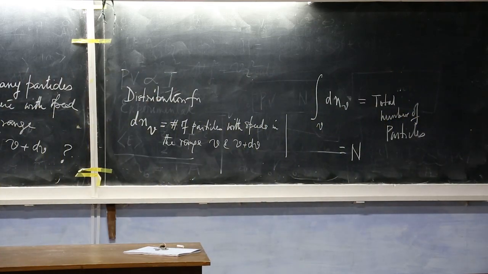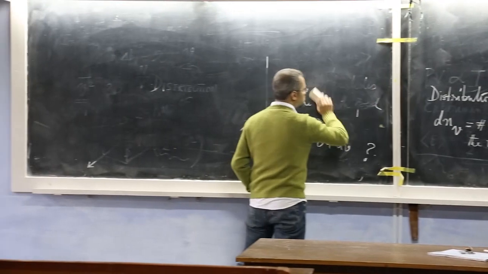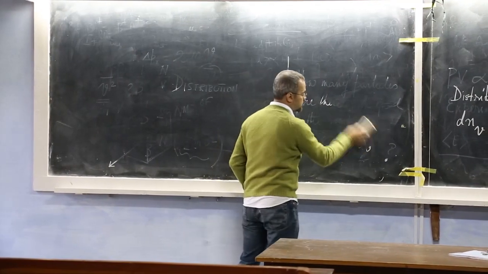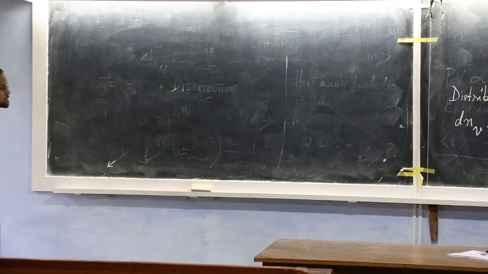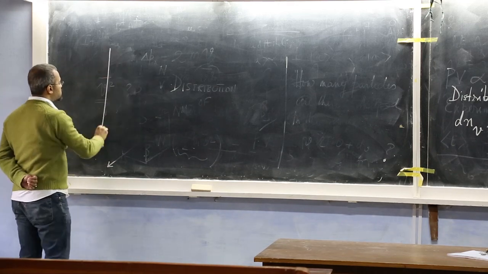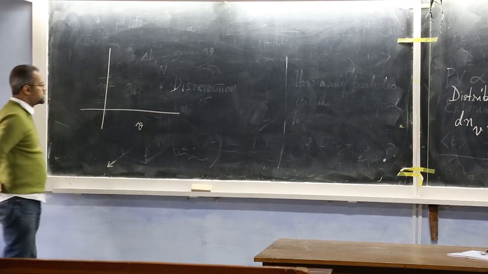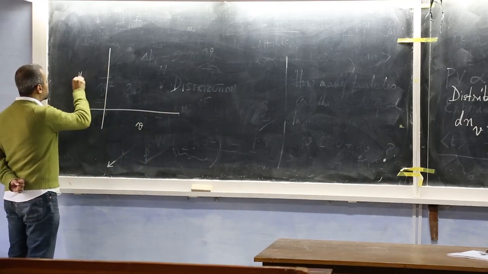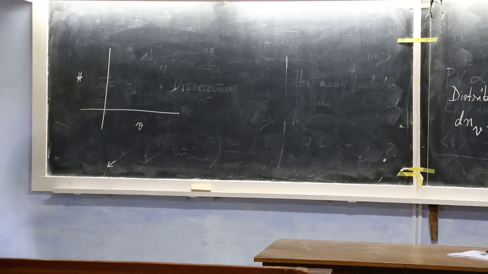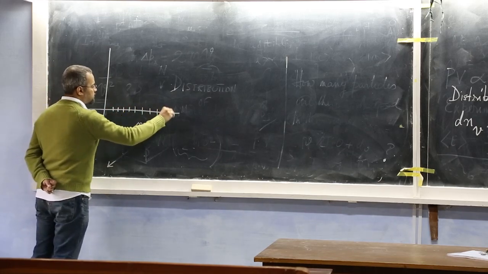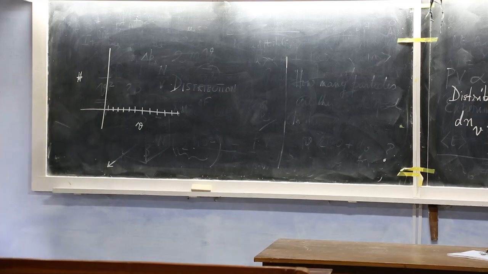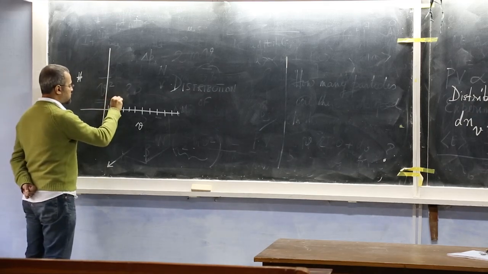Now, Maxwell-Boltzmann gave the distribution for molecular speeds in the form of a function. We shall not go into the derivation of that because it would require some statistical mechanics, but we can make some statements about the nature of the distribution function. So what we are interested in is this function. If you plot the speed on the x-axis and the number of particles in some speed range on the y-axis, you divide this into little bins and construct histograms.